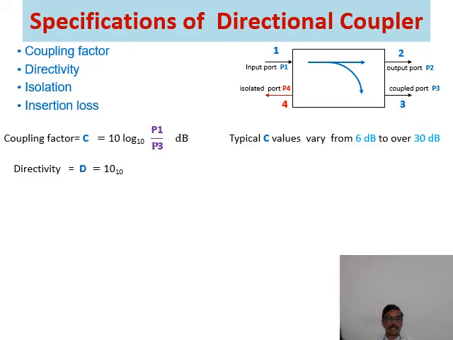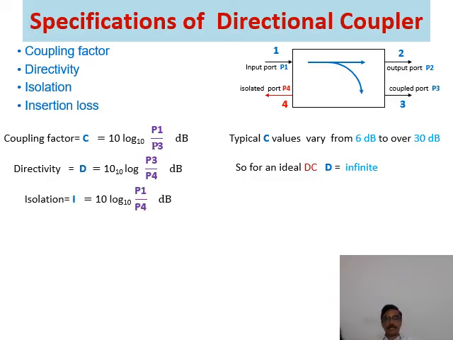The next parameter is directivity, 10 log base 10 of P3 by P4. For an ideal directional coupler, the directivity is infinite. The third one is isolation, which is equal to 10 log base 10 of the power ratio of P1 and P4. Similarly, for an ideal directional coupler, isolation is infinite.